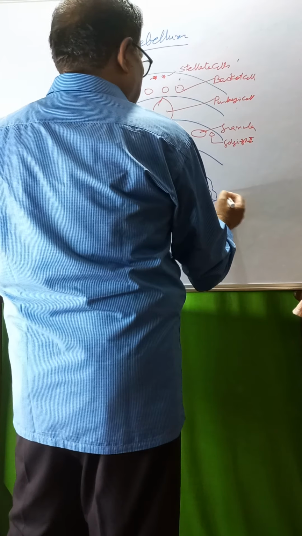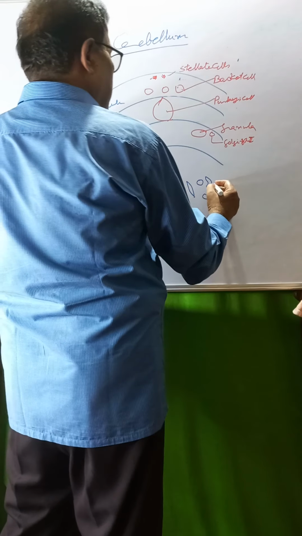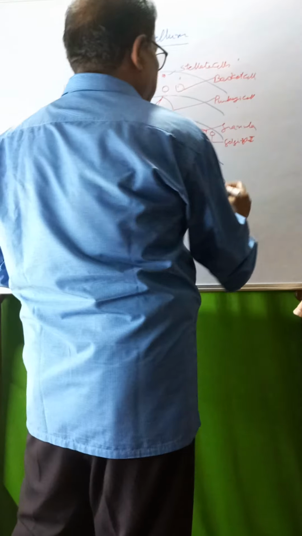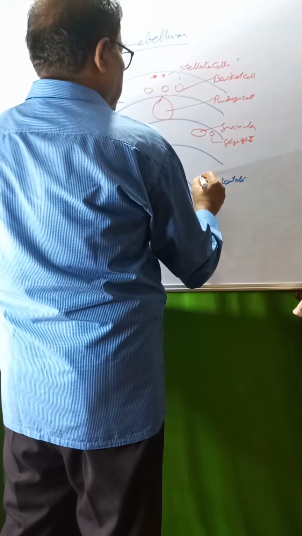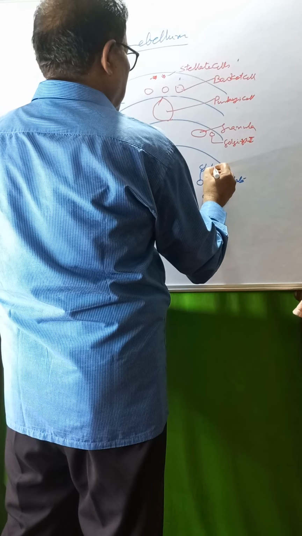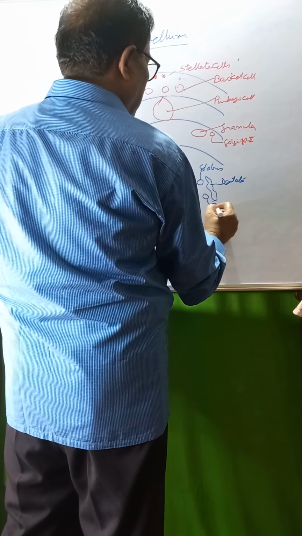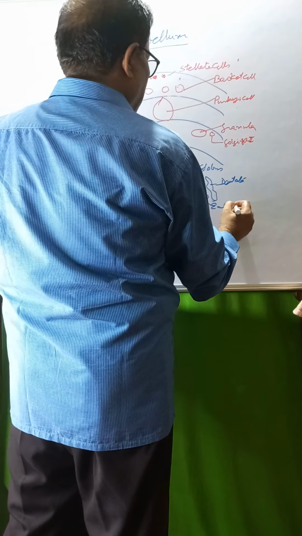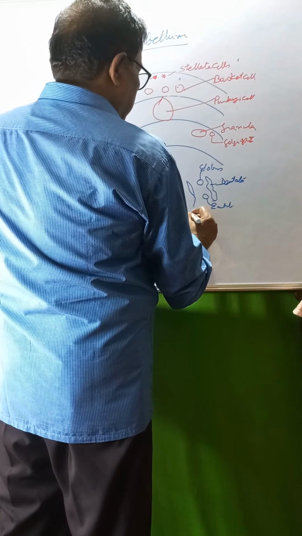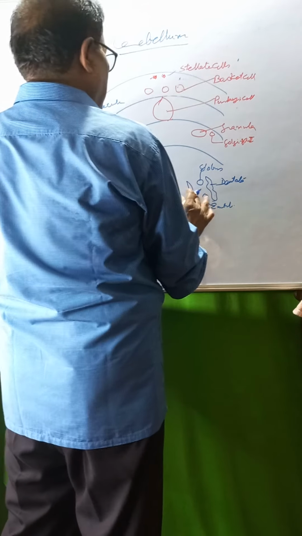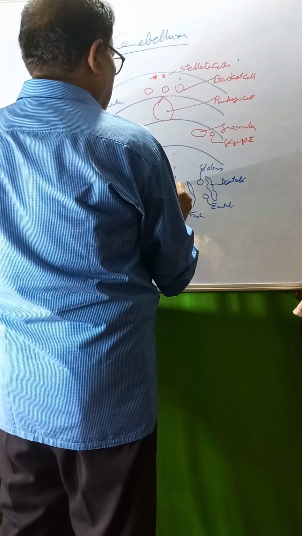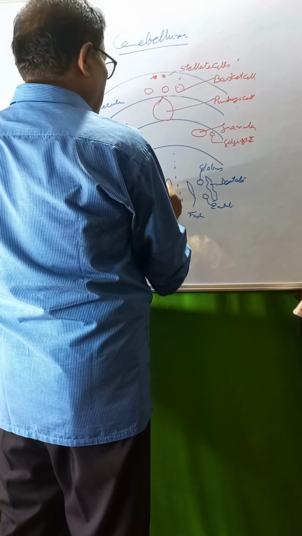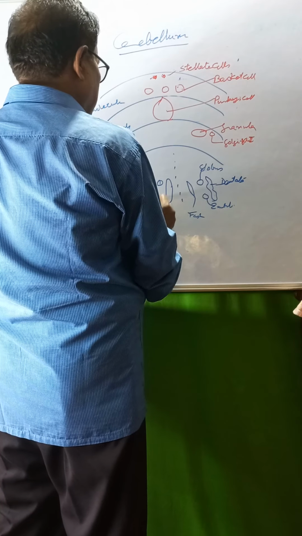From lateral to medial: laterally is the dentate nucleus, then globosus, emboliformis, and the fastigial nucleus. This is the midline. Then again on the other side there is the fastigial nucleus, globosus, and dentate nucleus.